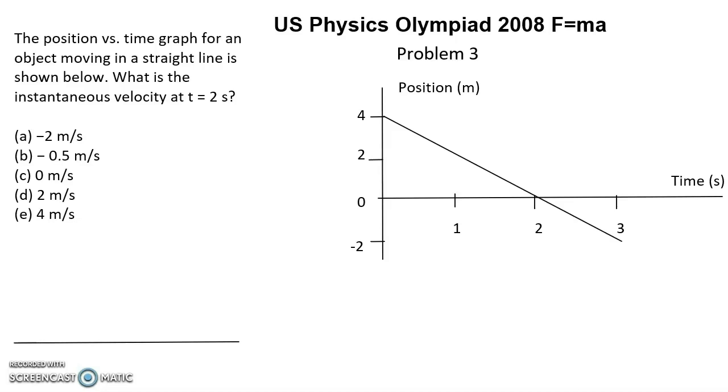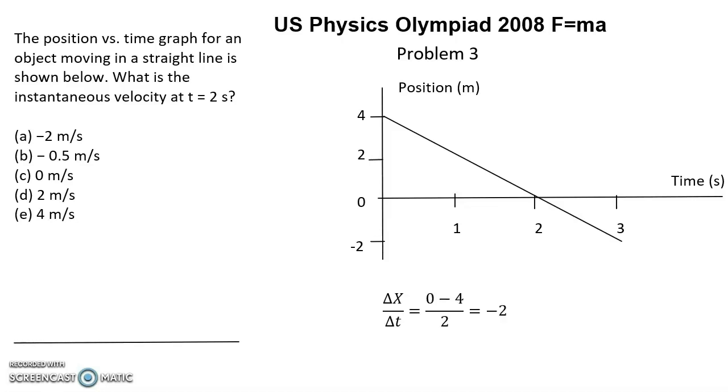But here this graph is exactly a straight line, so it means that velocity will be the same at any point. So we can just use the next equation to find the slope.